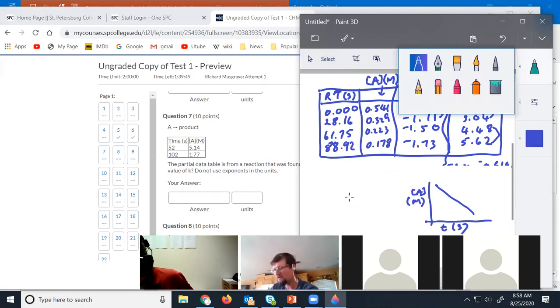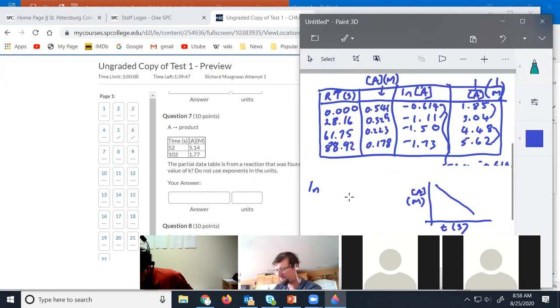So it'll be ln of 5.14 minus ln of 1.77 over, making sure I get this right, 52 minus 102, yeah. And that gives us a value.